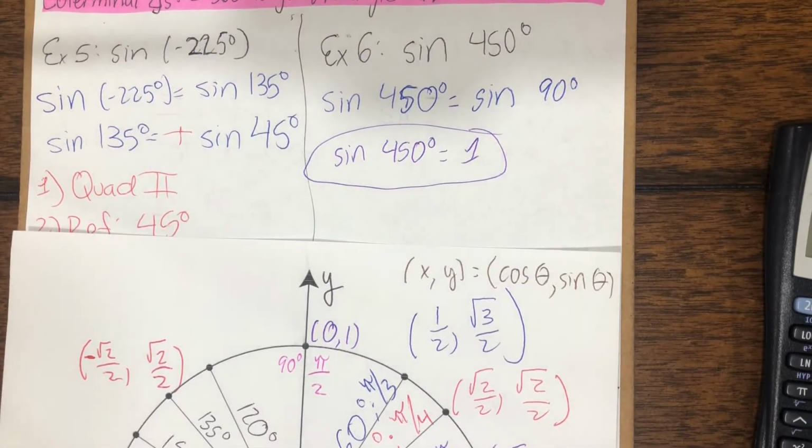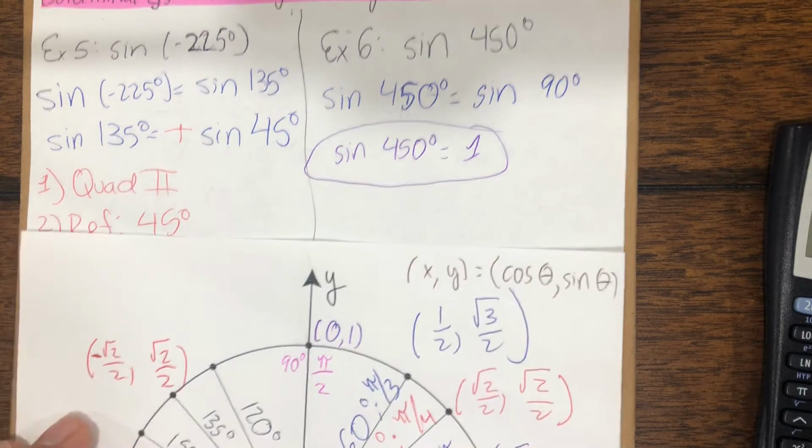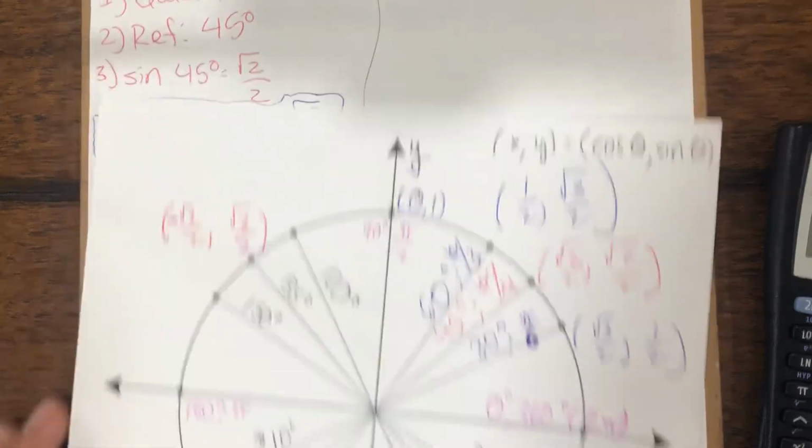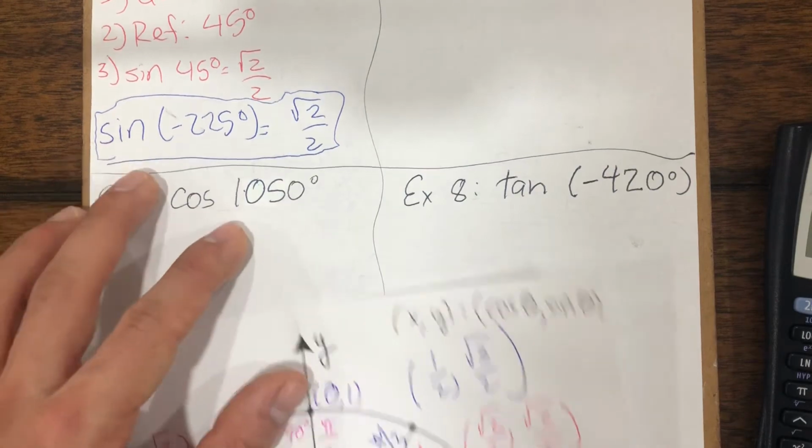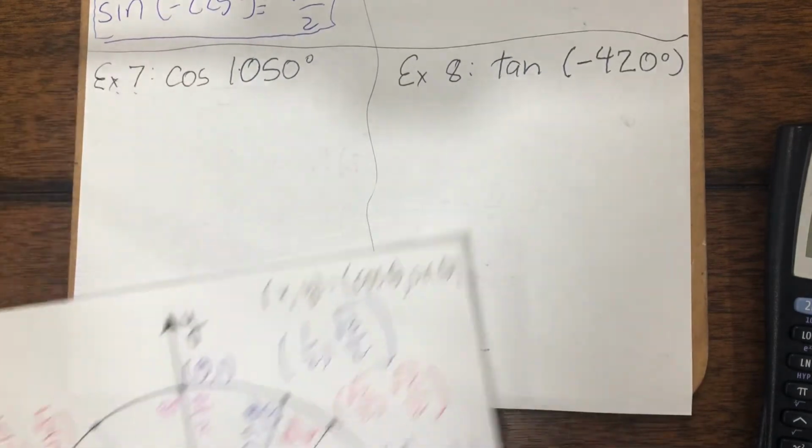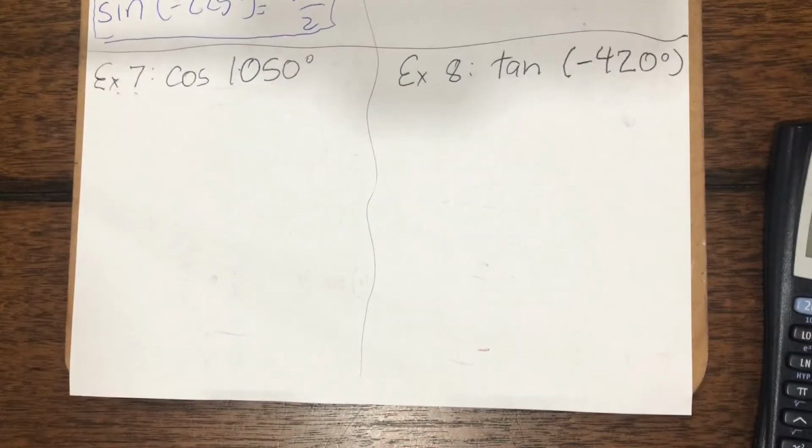All right, the quadrantal angle measurements are easy to evaluate since our x and y values are just 0 and 1, or vice versa. Now let's take a look at example 7 and example 8. In example 7, we have an angle measurement that's way above 360 degrees.